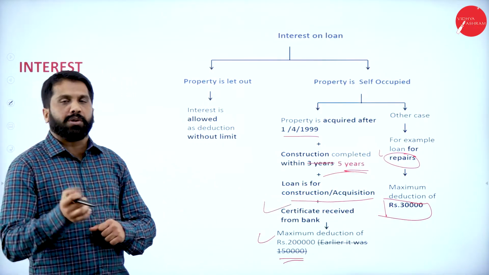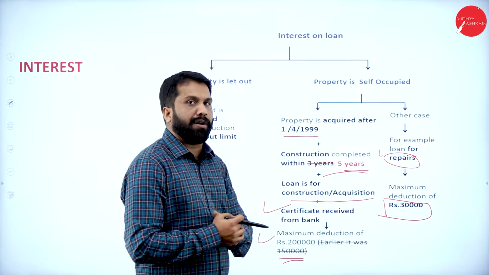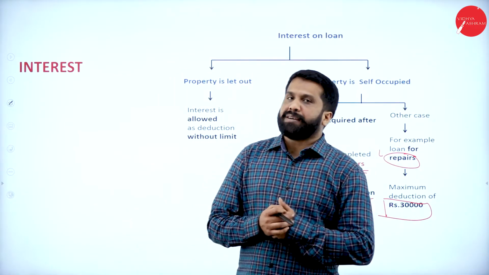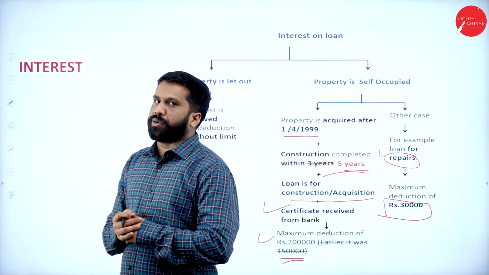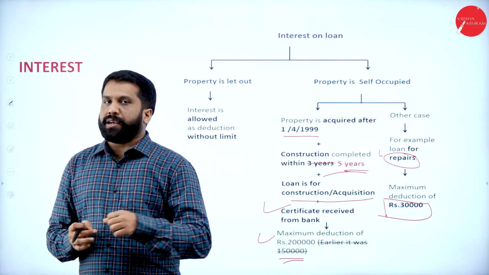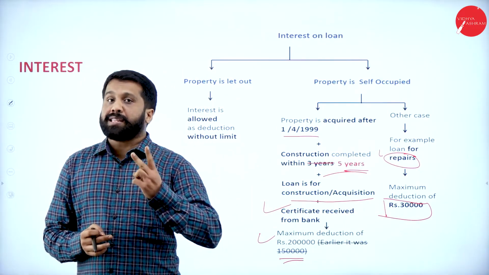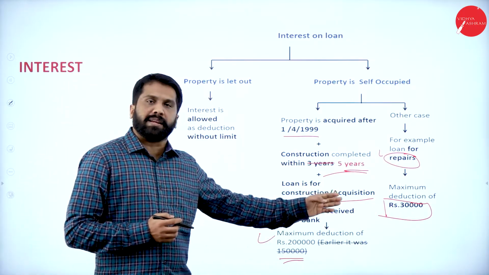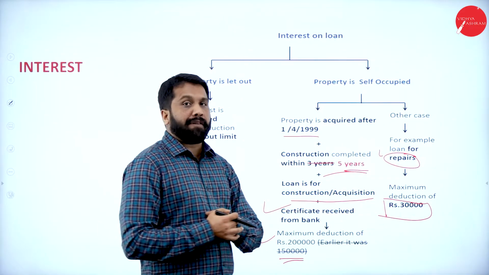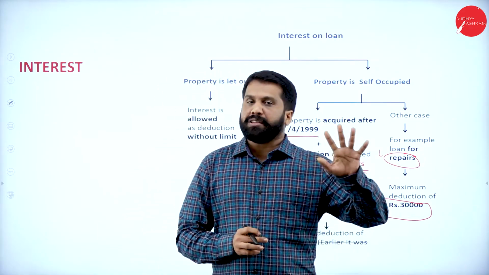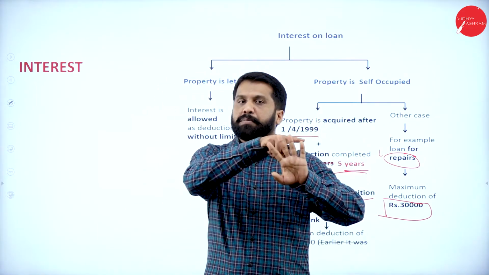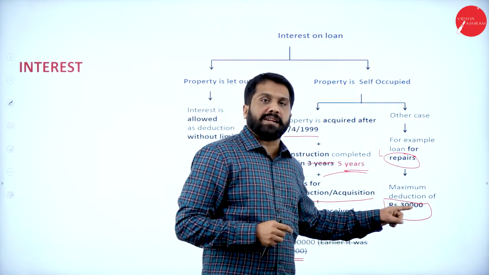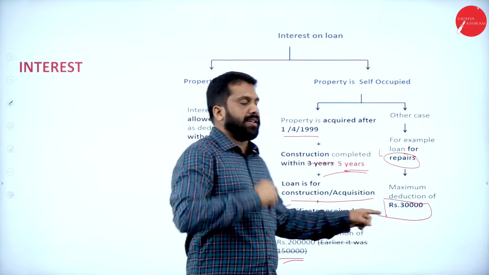For repair you don't have money, so you have asked for a loan from the bank. You have asked for a 2 lakh loan. If you have taken a 2 lakh loan, you are paying 20,000 interest per annum. That 20,000 you can claim. If you have taken a 5 lakh loan, you are paying 50,000 interest. You are not supposed to take 50,000. You are eligible to claim only 30,000. Hope you are clear? Yes, good.